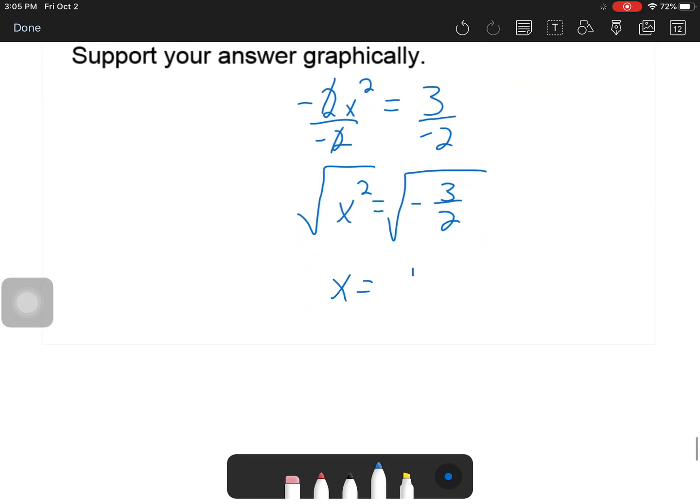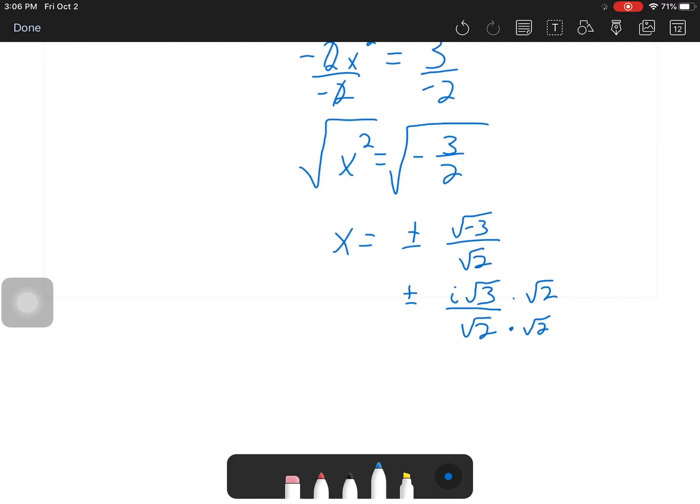And so we get x equals plus or minus. Now that negative can come out as an i. I can put the negative with either the top or the bottom. Let's just say it's with the top. So I've got square root of -3 on top, and I've got square root of 2 on the bottom, right? And so plus or minus i square root of 3 over, and I still have a square root of 2, which typically we don't leave, so I'm going to rationalize the denominator like that.